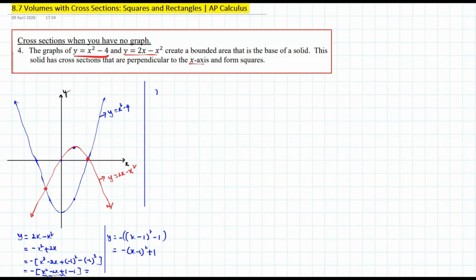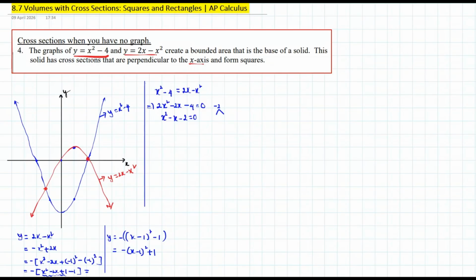Set them equal: x squared minus 4 equals 2x minus x squared. Adding x squared on each side, you get 2x squared, and subtracting 2x on each side, you get negative 2x, equal to 0. Dividing both sides by 2, you get x squared minus x minus 2 equals 0.